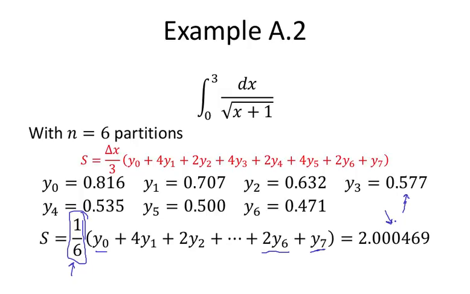Well, I should say, I believe the story is that Simpson actually discovered this independently of Kepler and published it in English, and it was discovered after the fact that Kepler had already done it. Back in the older days, people weren't as well connected in terms of technology as they are today. And so that's how these methods work.